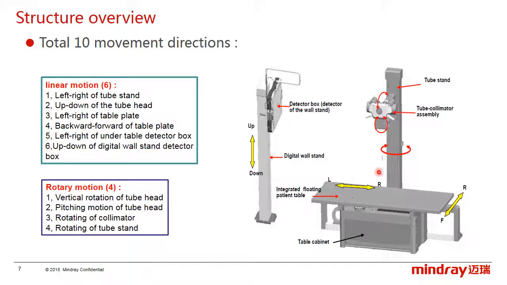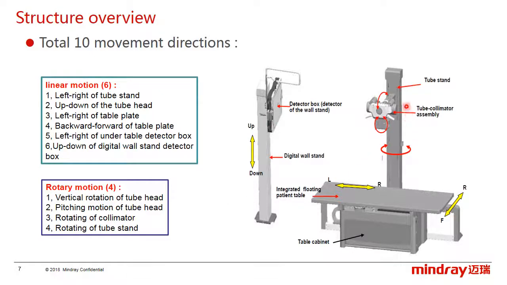Third, left to right of the table plate, and backward to forward of the table plate. Fourth, left to right of the under-table detector box, and up and down of the digital workstand detector.